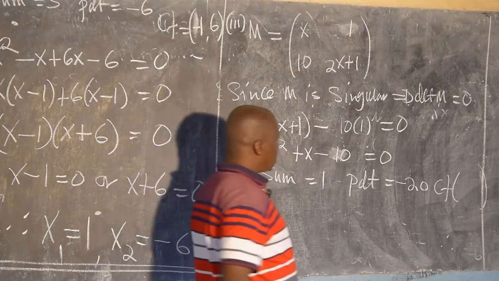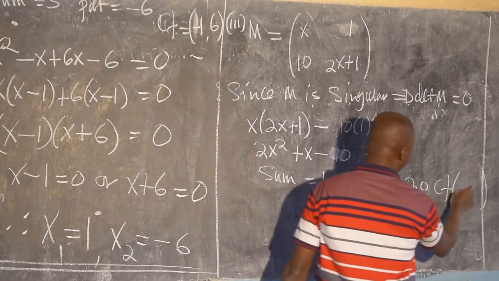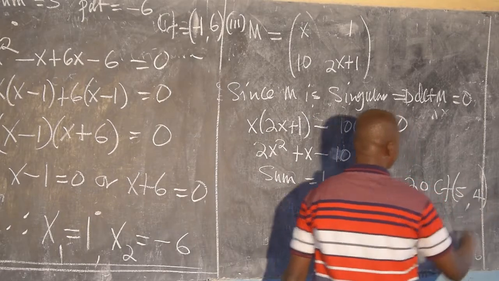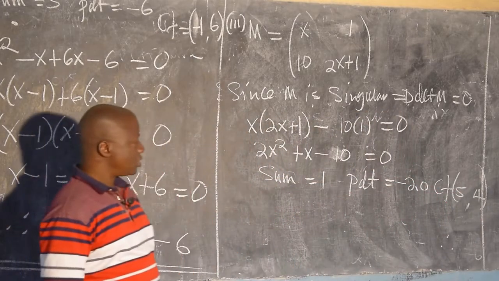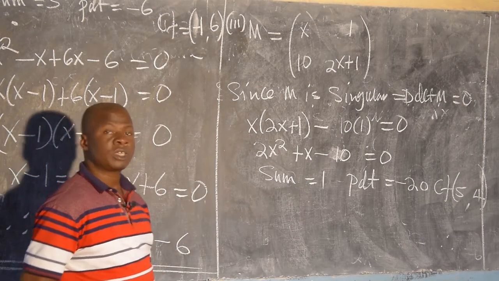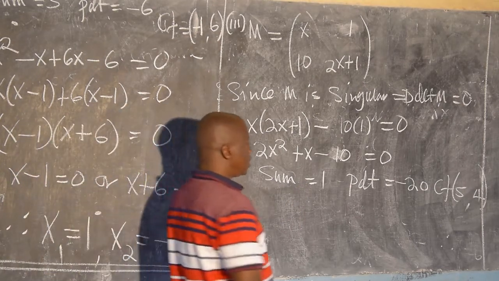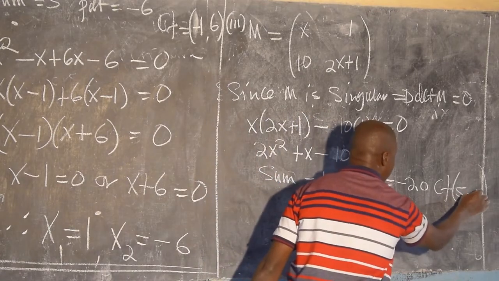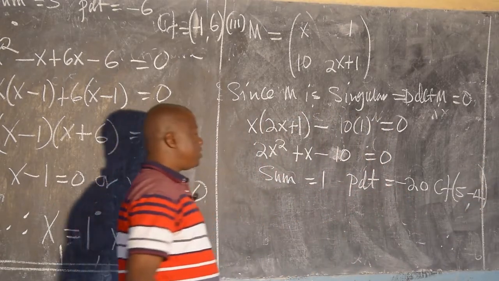But we can use the 5 and 4. But when you add, it gives a 9. So let us modify. It should be negative 4, positive 5.